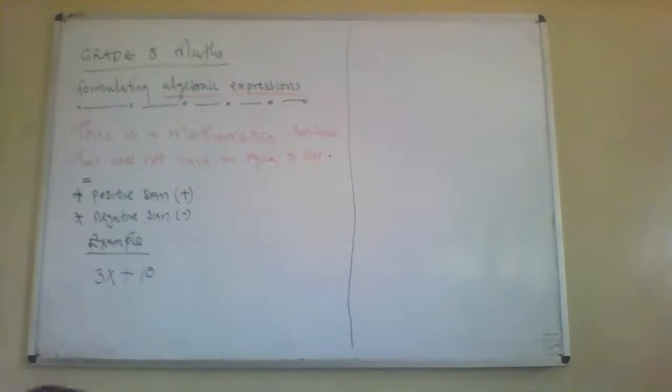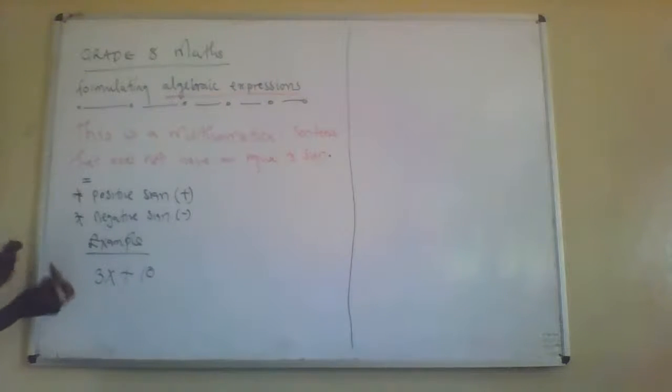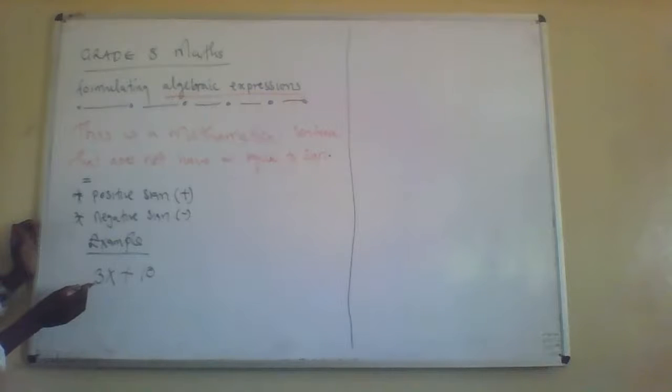Now, let's understand every entity that is found in here so that it becomes easier for us to deal with things that we know. In here, we can see that the 3 is written before the letter x. So that number 3, we are going to call the coefficient.